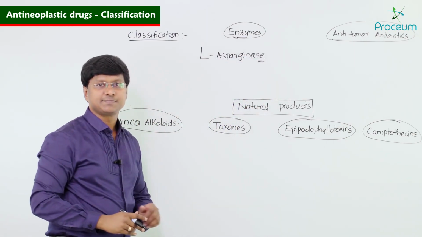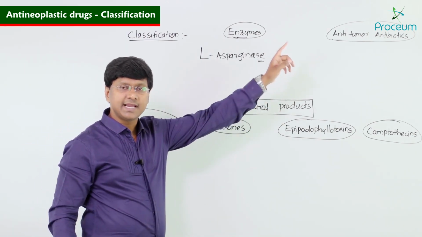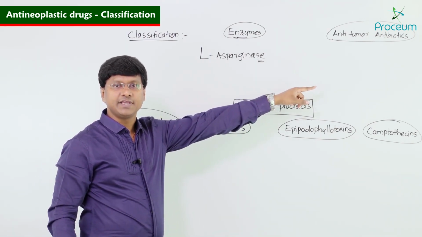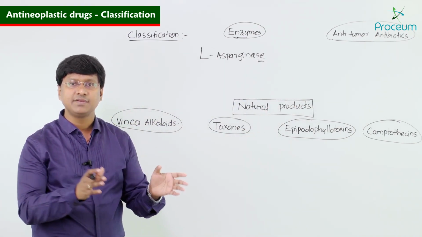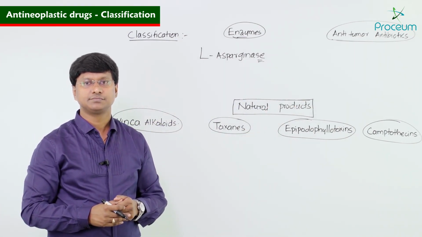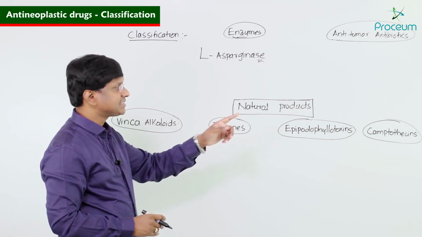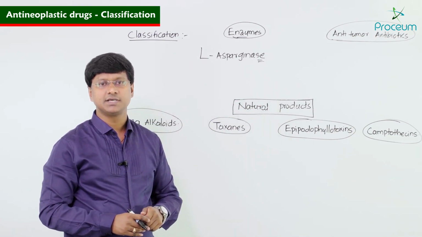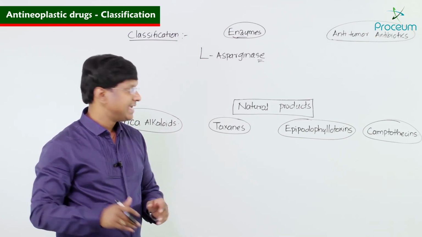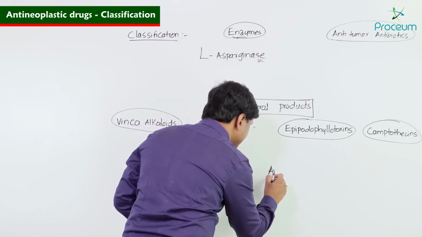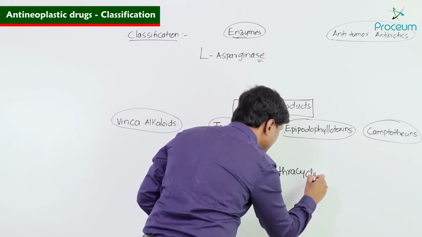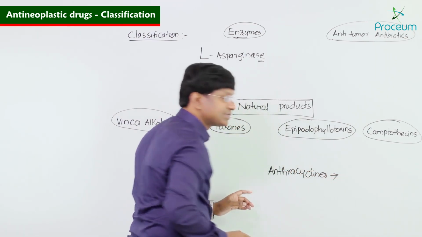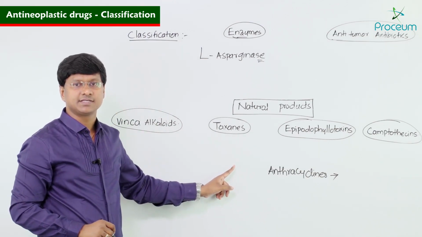L-asparaginase. But in the anti-tumor antibiotics, like we have discussed, the anthracyclines. Within the anthracyclines, again you have various drugs. If you take this particular anthracycline group, we have various drugs under your anthracyclines.